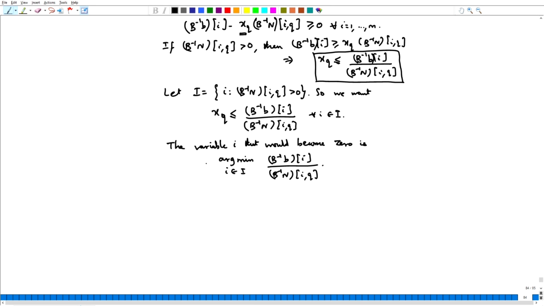So, suppose this is j, let us say variable j that would become 0 is this. So, x_j would become non basic in the next iteration.